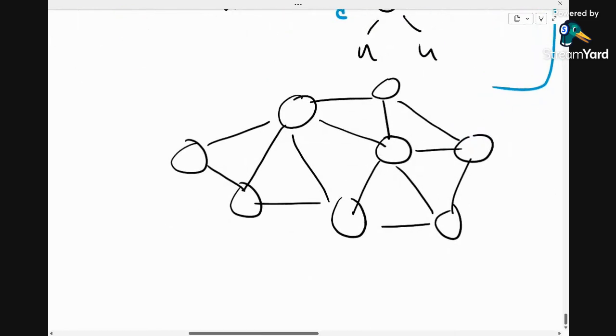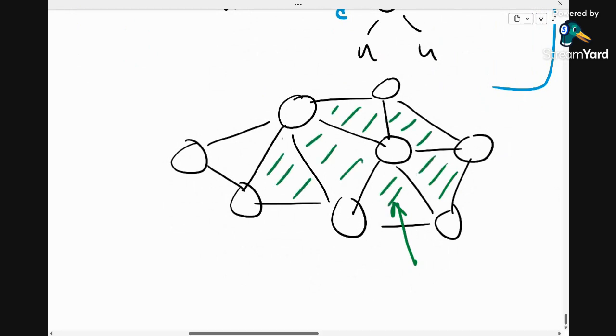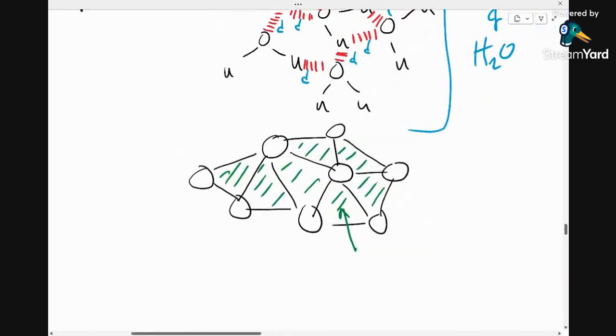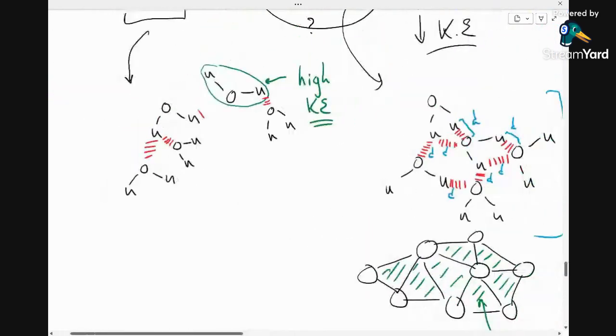And that means that you've introduced spaces in green here. You've introduced a space here, here, here, here. They can't pack close enough together. They pack closer together when you're in liquid form.